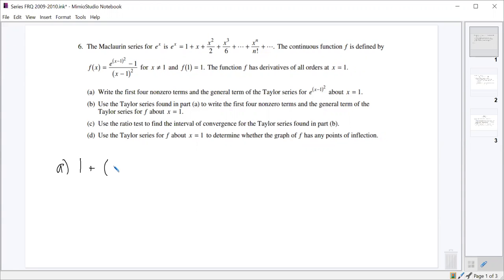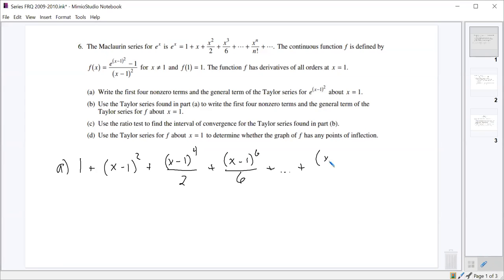So it should be 1 plus (x minus 1) squared. And then we should get plus (x minus 1) squared squared over 2, or (x minus 1) to the 4th over 2. And then the next one should be (x minus 1) to the 6th over 6.